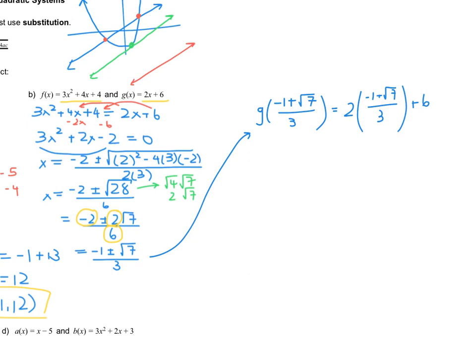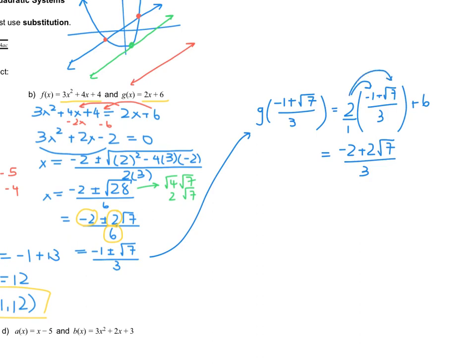And now when I simplify it, first thing I'm going to do is multiply my two numbers here, and I'm going to put the 2 over 1. So the 2 is going to get multiplied by the numerator, and the 1 times the 3. So that will simplify to (-2 + 2 root 7)/3, because I am distributing that 2 in fully.